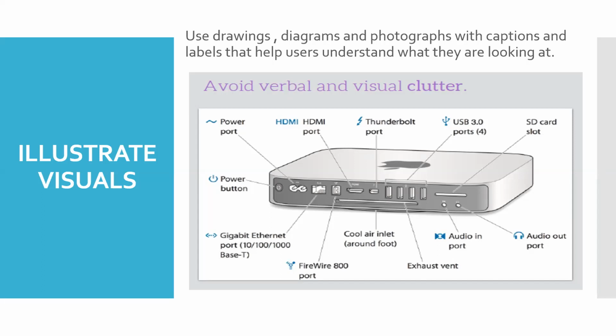It does not mean that we just have a diagram and no writing at all. Then the diagram becomes confusing. So instead of only a diagram or only words, we combine the two. Both words and diagrams would help the reader to understand better. So for the process of better understanding, we should have diagrams.